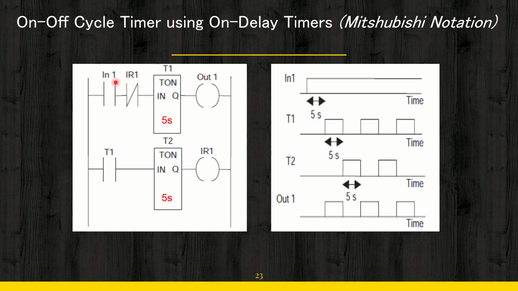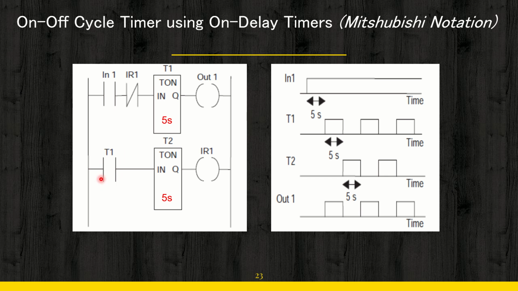Whenever you set this switch from off to on, this connection is already established over here because this is an NC connection. So your timer will be triggered, and after 5 seconds, this T1 contact will be closed.